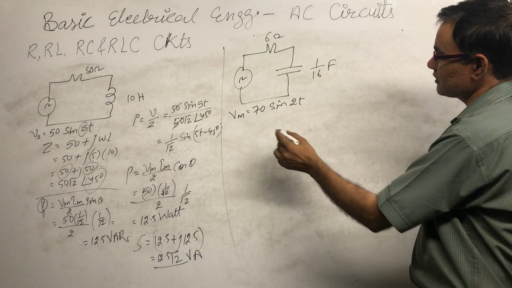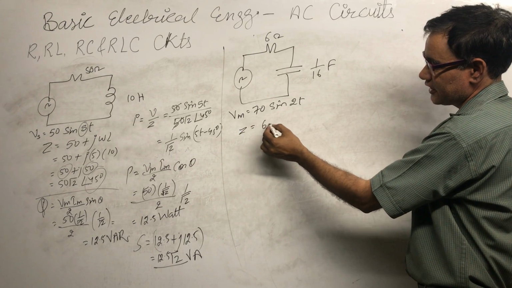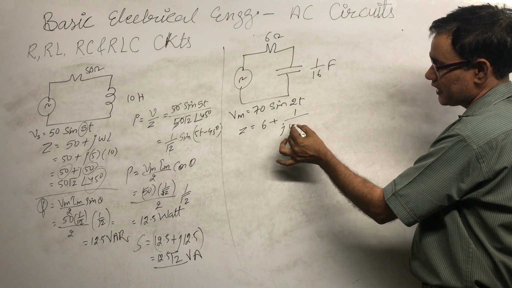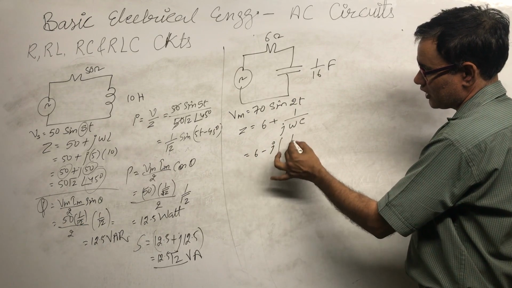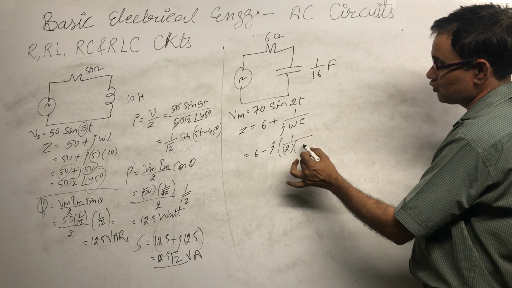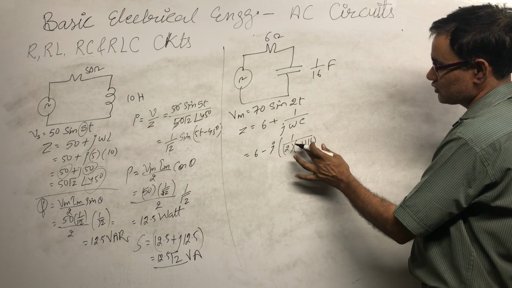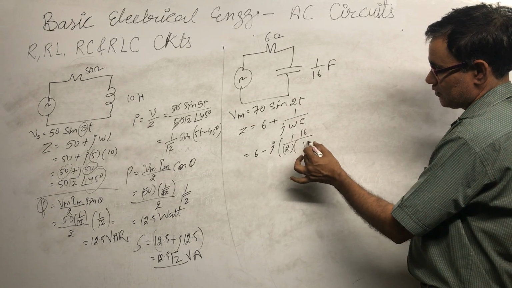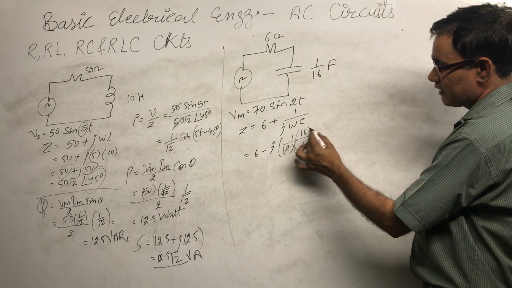So the impedance of the circuit is R, that is 6, plus 1 upon j omega C, that is 6 minus j times 1 upon omega C. Omega is 2 and C is 1 upon 16, so the 16 goes to the upper side and it becomes 8.